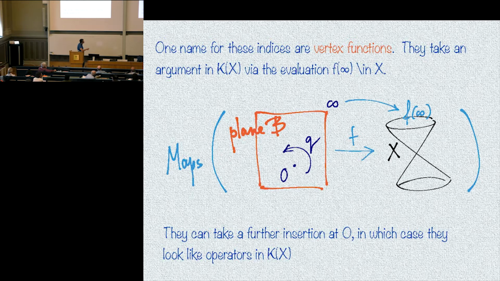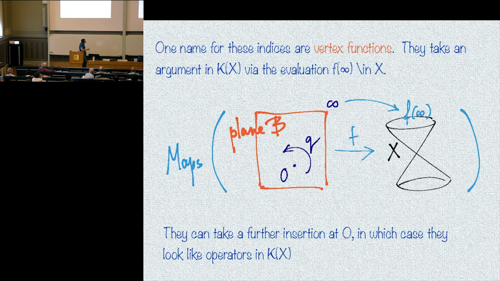If you have a map from the plane which is non-singular at infinity, meaning it has some value at infinity, then from this moduli space you have a map to X itself that just evaluates your map at infinity. Then you can push forward your index sheaf under this map and get an element in the K-theory of X, depending on all the equivariant scalar variables and this new variable q, quite analogous to the Nekrasov function.